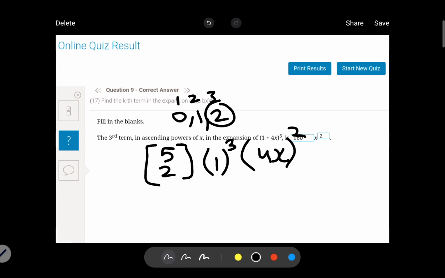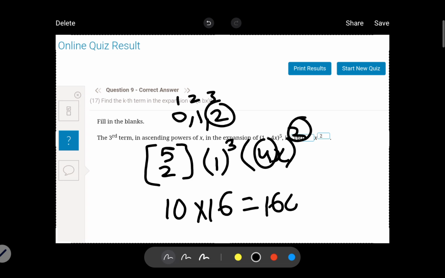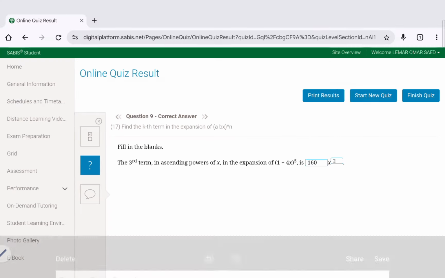So 5C2 is 10, and 4 to the power of 2 is 16, so times 16 equals 160x squared. You don't put the x on the calculator, okay, but it's x squared because it's in the equation anyways.